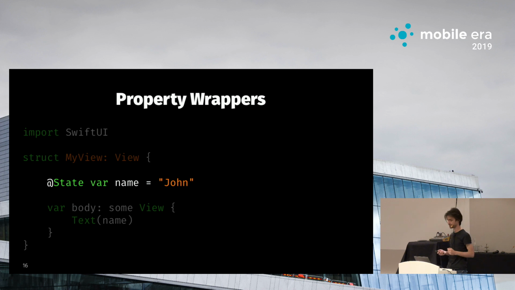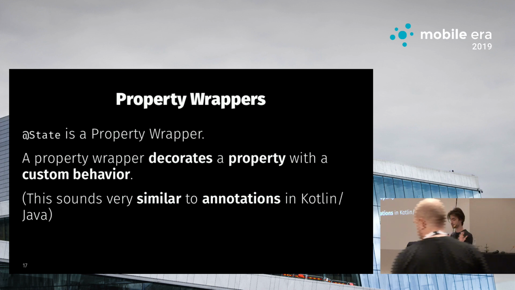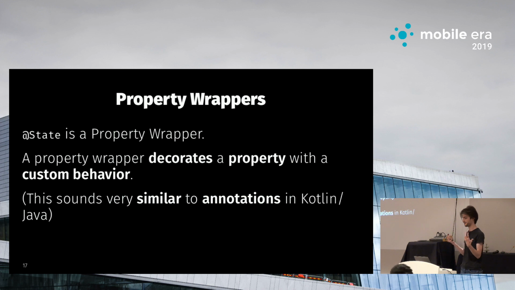So @State is going to encapsulate some meaning that we're going to be able to use by saying, okay, this property needs to have this behavior. I'm going to decorate my property with this behavior. So @State is what Swift calls a property wrapper. And property wrappers, as I said, they are meant to decorate a property with a custom behavior. And of course, when you see it, you think, okay, it's really similar to annotations in Kotlin and Java.